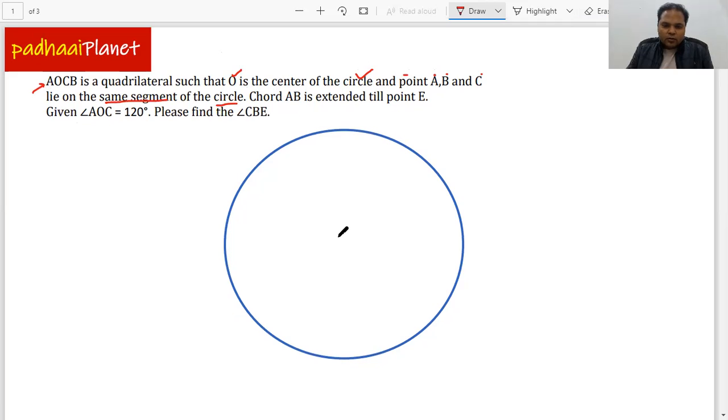Now let's draw the figure for this question. This is our center, marked as O, and three points are lying on the same segment of the circle.